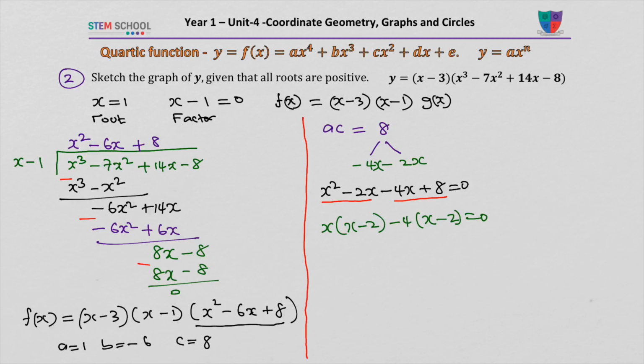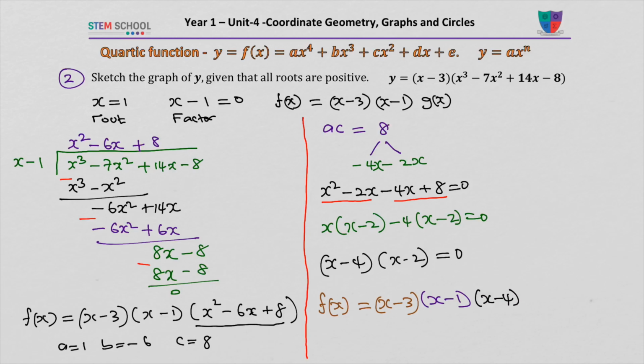There's another common factor here. So that's what I get: x minus 4, which is left, and I've got x minus 2 as a factor, equal to 0. So I found all my factors now. For the function f of x, we get x minus 3, x minus 1, x minus 4, and x minus 2.